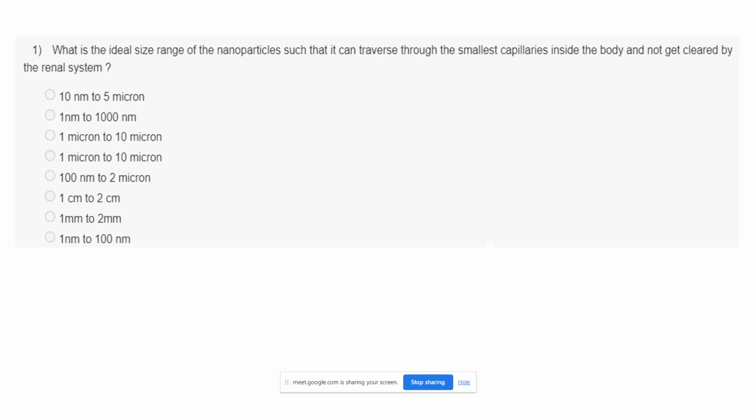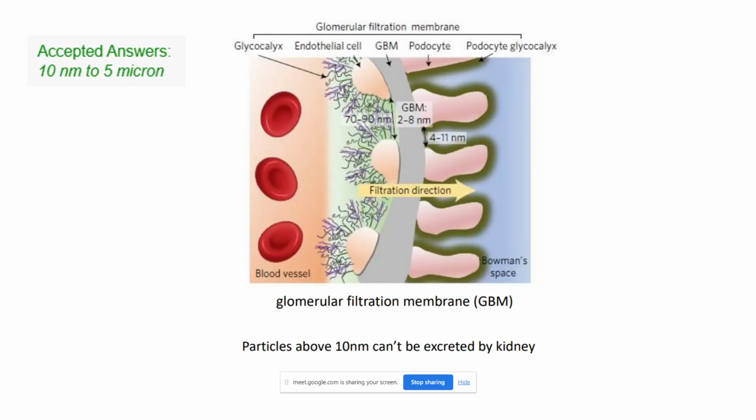Ma'am, one only, I guess it is one only. Okay. Anyone else? Yes, you're correct. It's first option, 10 nanometer to 5 micron.